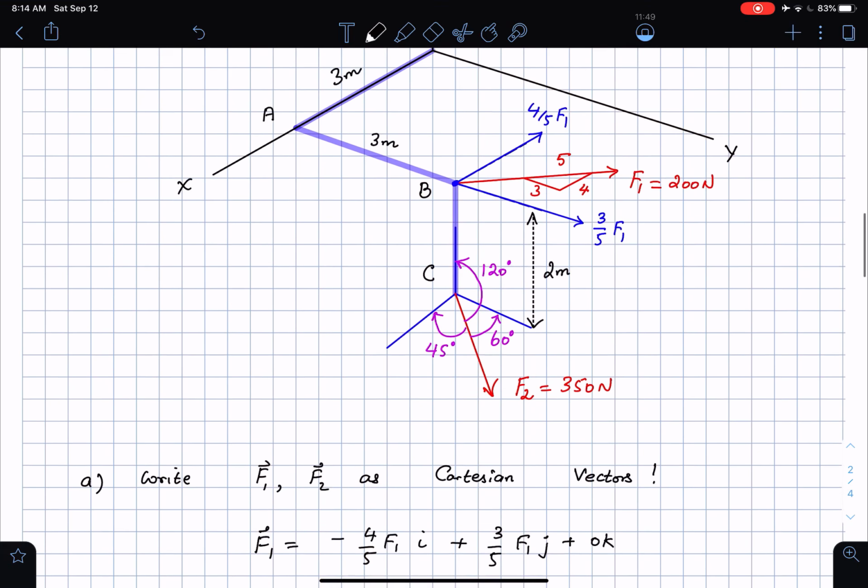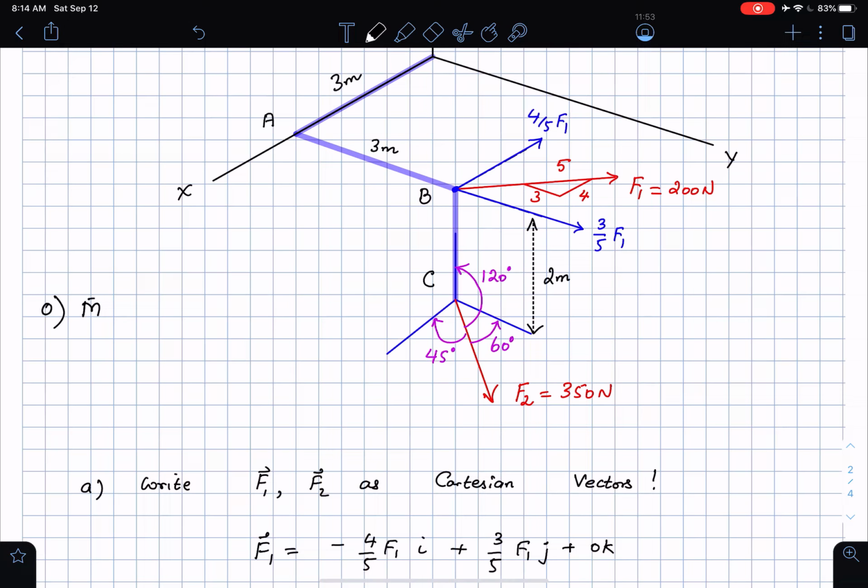The key idea which I'm going to write here is: M_O resultant is M_O due to the force F1, plus moment due to the force F2. Okay, so this is the key idea.